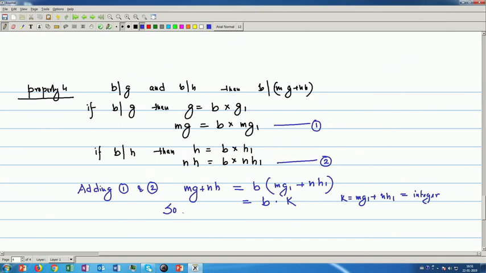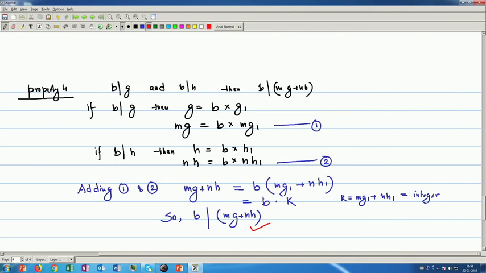So, b divides m g plus n h. So, the property 4 is proved, we can explain in this way.